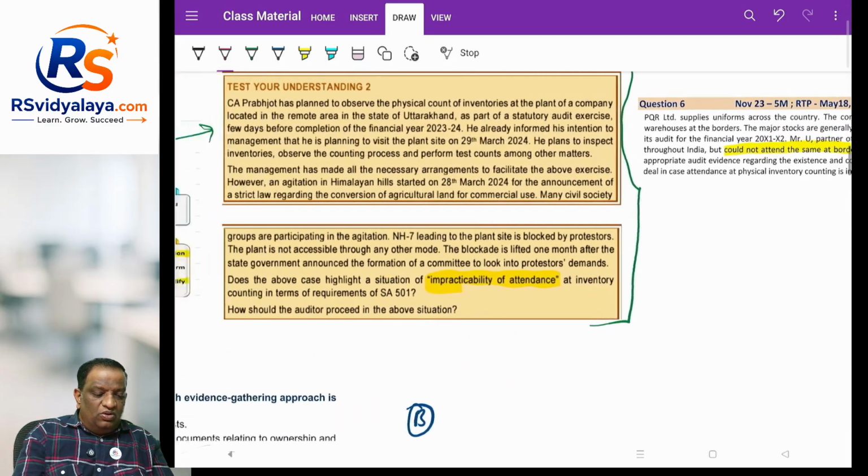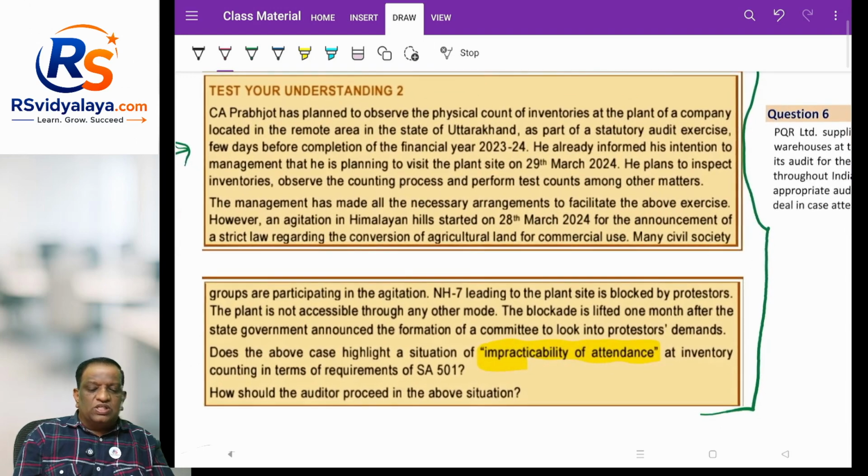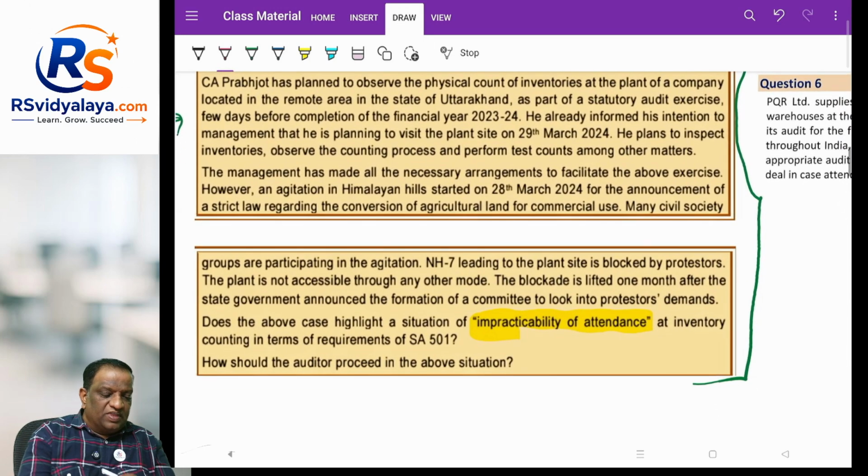Now, look at the test your understanding case scenario, which is given in your study material. This Prabhajot has planned to observe physical count of inventories at the plant of a company located in a remote area in the state of Uttarakhand.